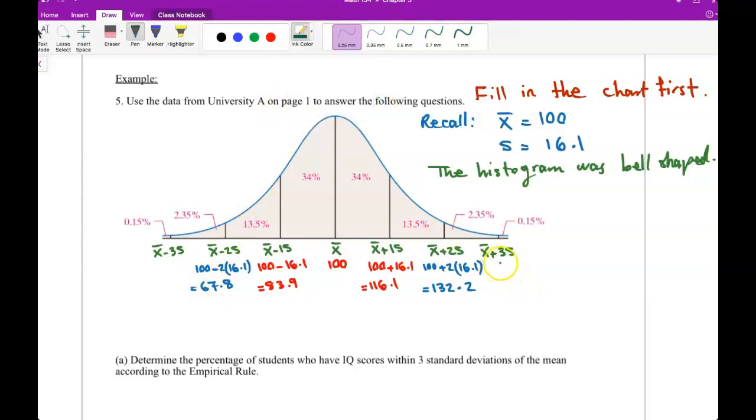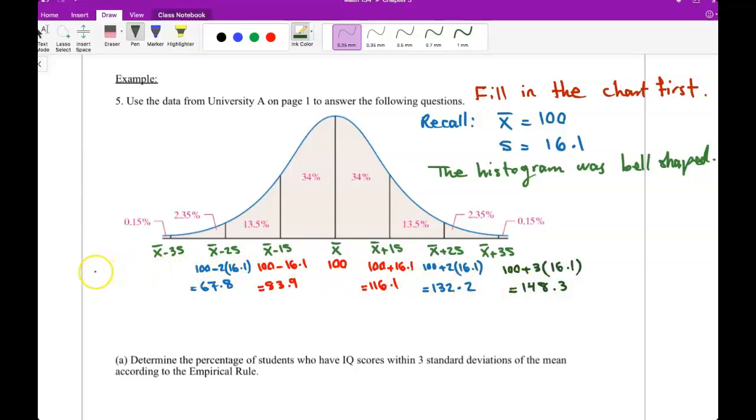And within 3 standard deviations, we have 100 plus 3 times 16.1, and that is equal to 148.3.